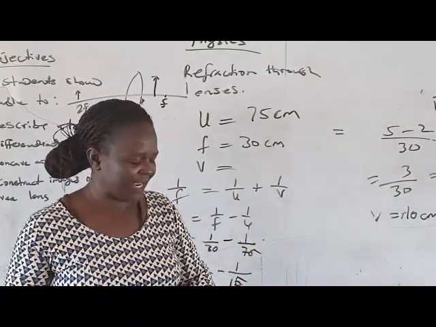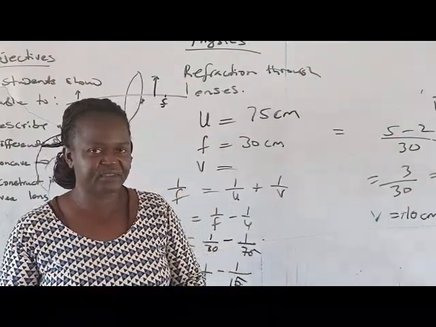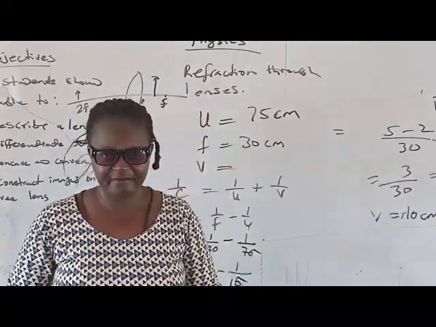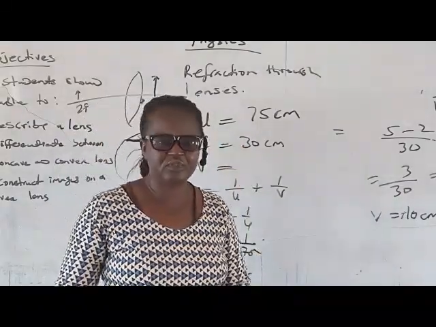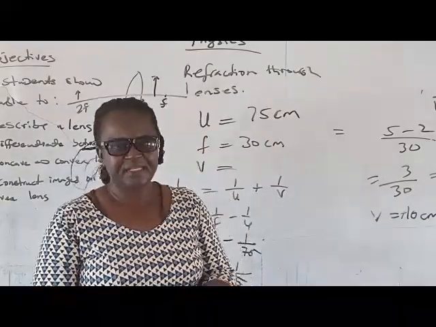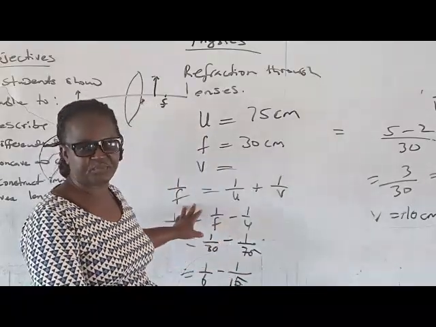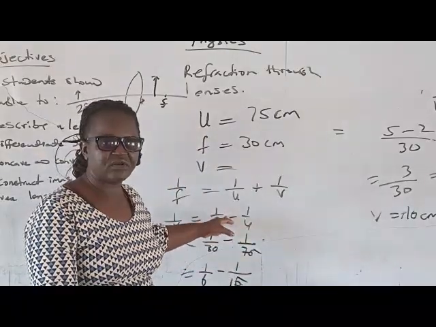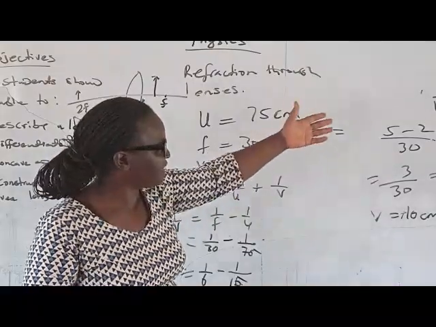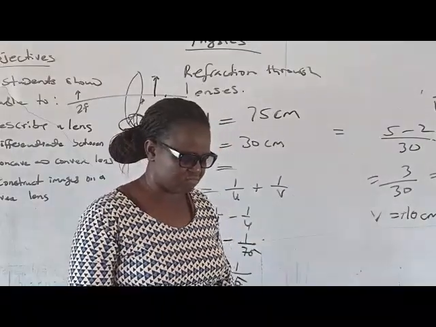We also have other applications like the telescope, the microscopes, and other astronomical instruments that we find around us. Even the cameras that we use to take pictures have lenses in them. Be they your phone cameras or whatever, they have lenses in them, and all the lenses work on these principles. From there you can also find the focal length of the lens, the power of the lens, the magnification, and so on.